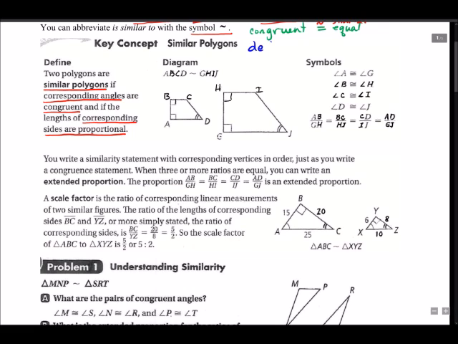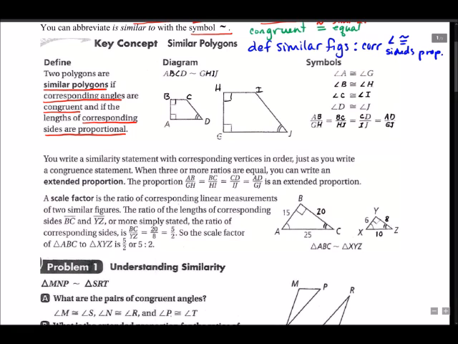So, definition of similar figures. Corresponding angles are congruent and corresponding sides are proportional. What's a proportion look like? A fraction equals a fraction, right? We compare two figures. So let's look here.